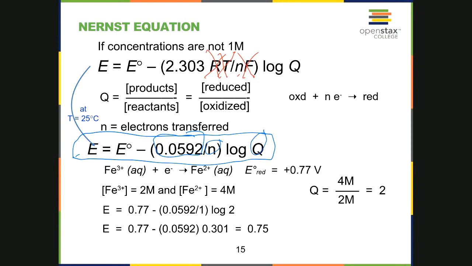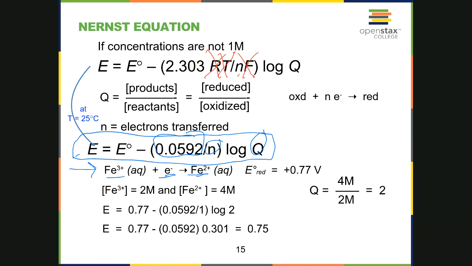So now let's see how we actually use this. We've got an example here, and we've got, boy, it is morning, iron 3, and it's going to get reduced to iron 2. So we're going to add 1 electron to do that.